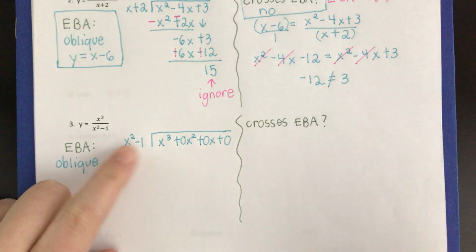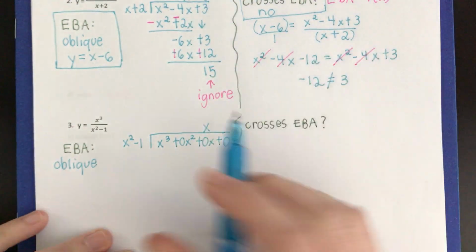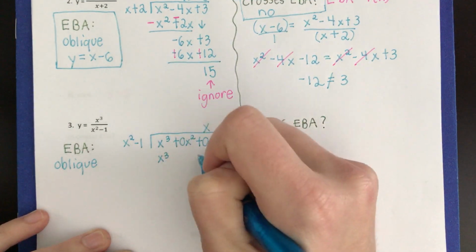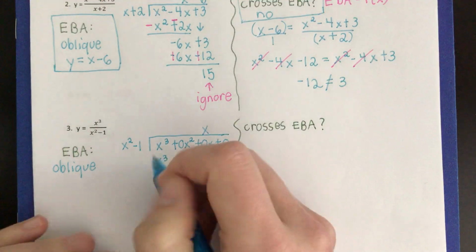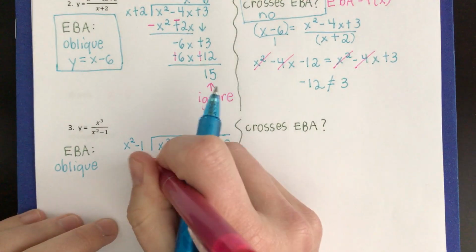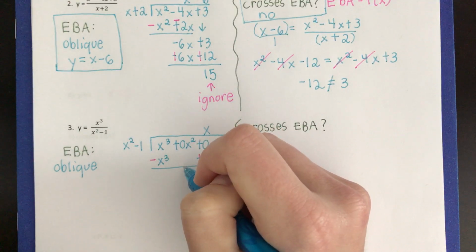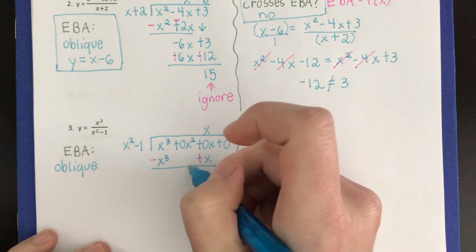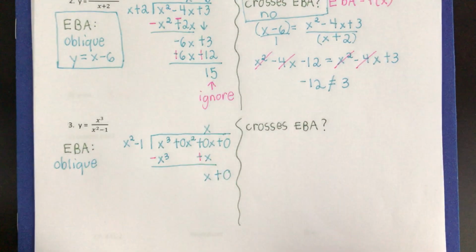Okay, so x cubed divided by x squared would be x. And so distribute into both terms, so I'd get x cubed minus x. So then I'm going to subtract, so minus, plus, change signs on both. The 0x squared, no reason to drag it down because you don't want a 0 in front. That's 0, that's 0. This becomes x plus 0.